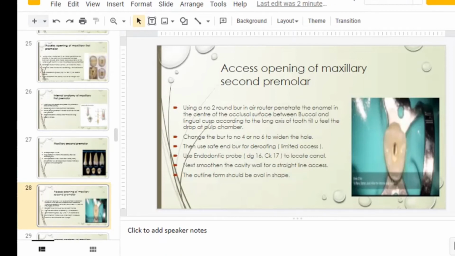With that Safe-end bur, you prepare the walls in such a manner that the outline form is oval and your internal dentinal map can be seen. Once you achieve that, use the endo probe DG16 or CK17 and locate the canal. So in the second premolar, we can have one orifice, one canal.